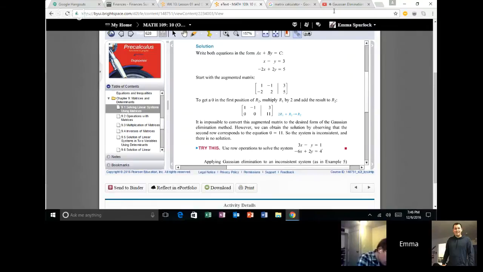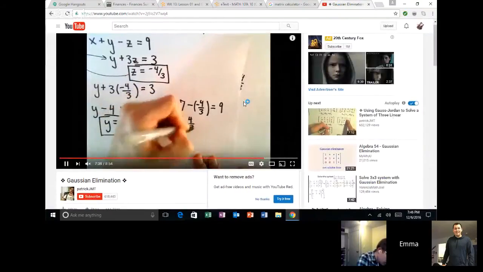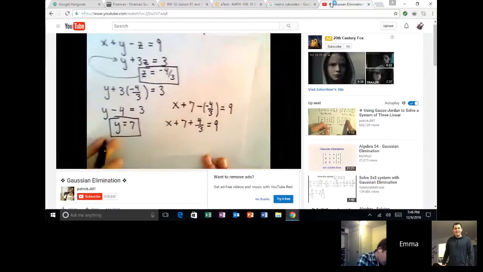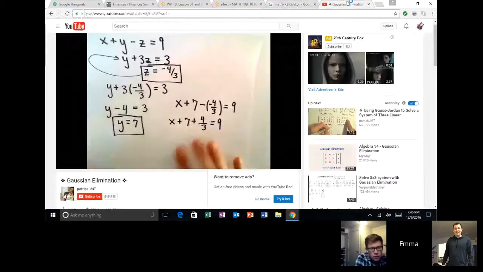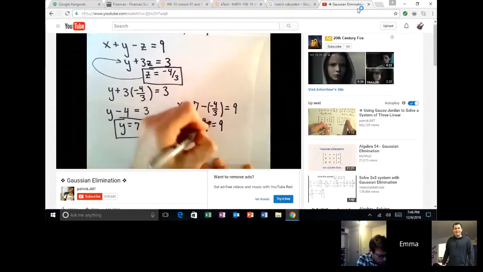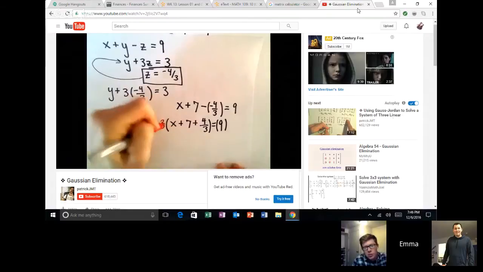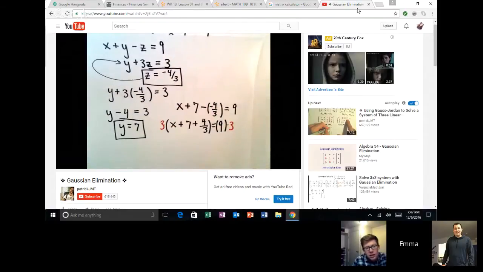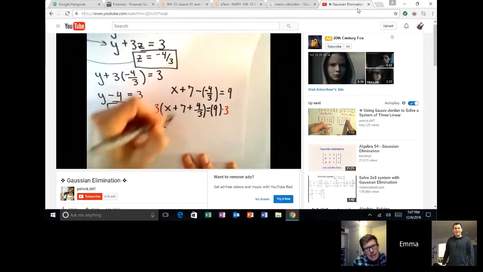The objective here is to get one number in the X column to be 1 and all the rest 0, and one number in the Y column to be 1 and all the rest 0. That way we're metaphorically solving for X and Y. Did that make any sense? I guess, yeah, that makes sense.